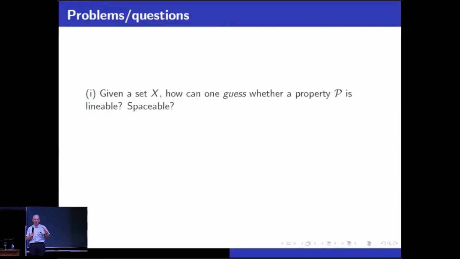You're walking home last night from the Casa Balbino, and you meet somebody on the street from Sanlúcar, and he gives you a set, and he asks you, is this property from this set a lineable property? Happens all the time, I'm sure. But what happens? How do you guess? I don't have any intuition.